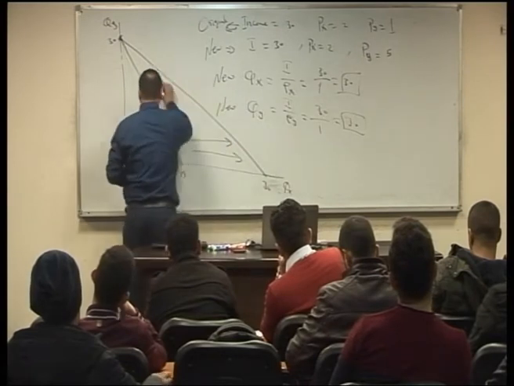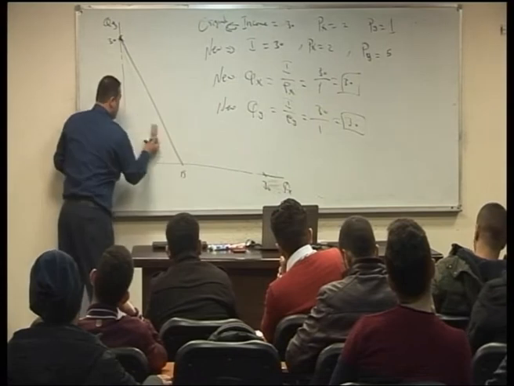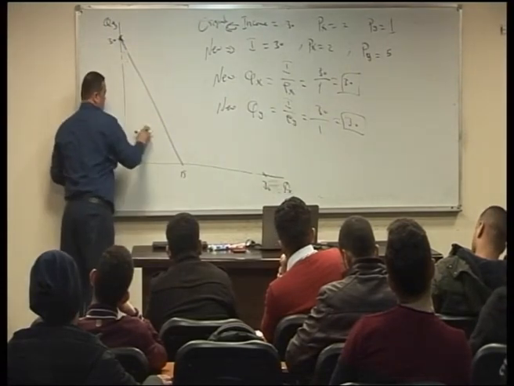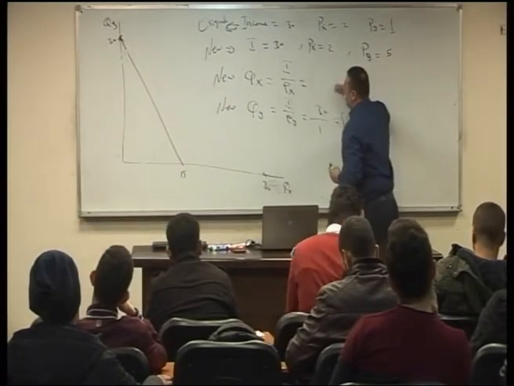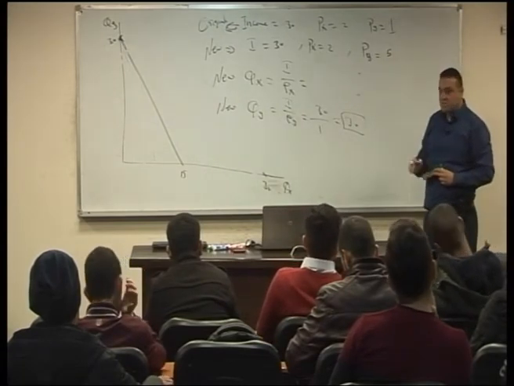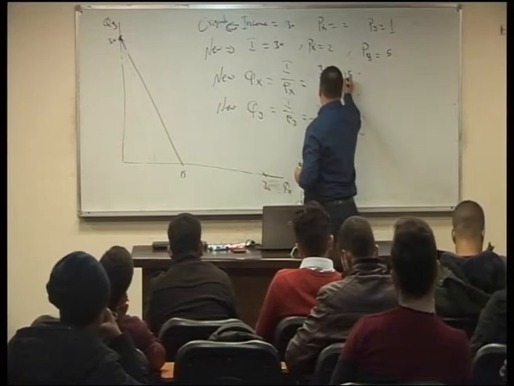And this is the original situation, the original budget line. What will happen here? The new QX is the same, there are no changes: QX equals 30 over 2 equals 15.